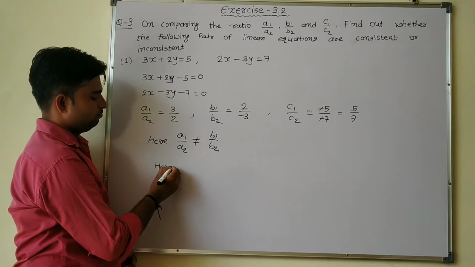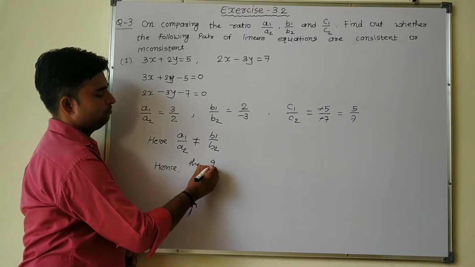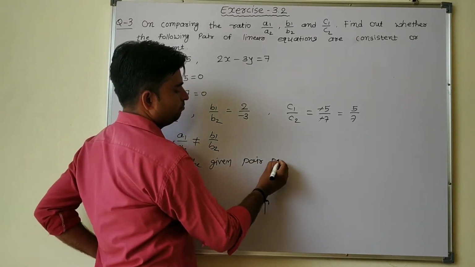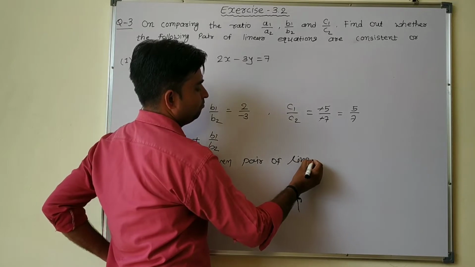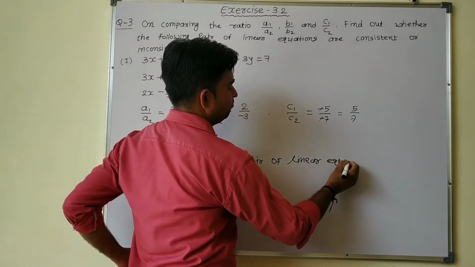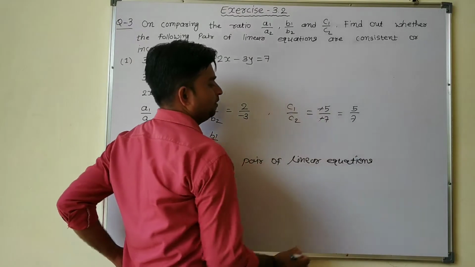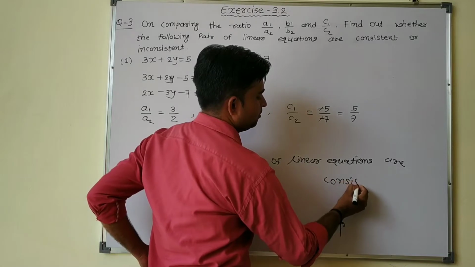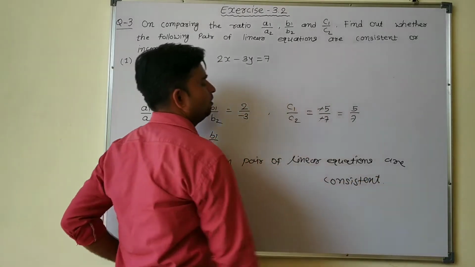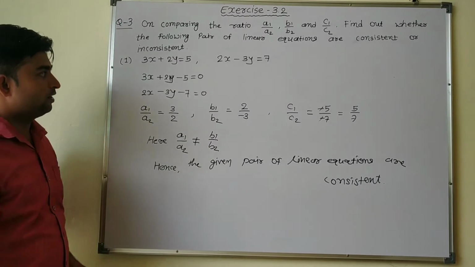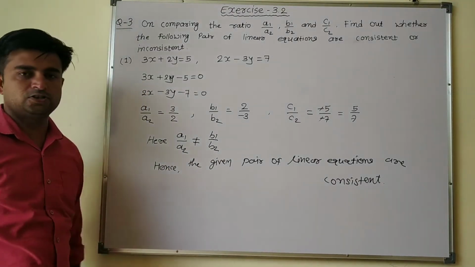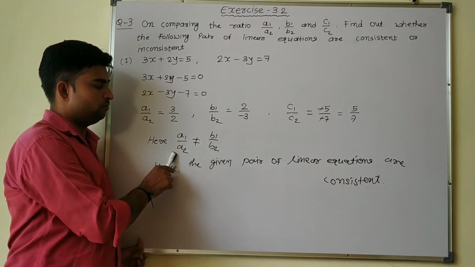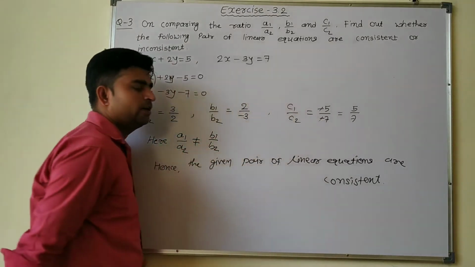Hence the given pair of linear equations are consistent. So this is the first answer. The given pair of linear equations are consistent because we get A1 upon A2 not equal to B1 upon B2. That's why it is a consistent equation.